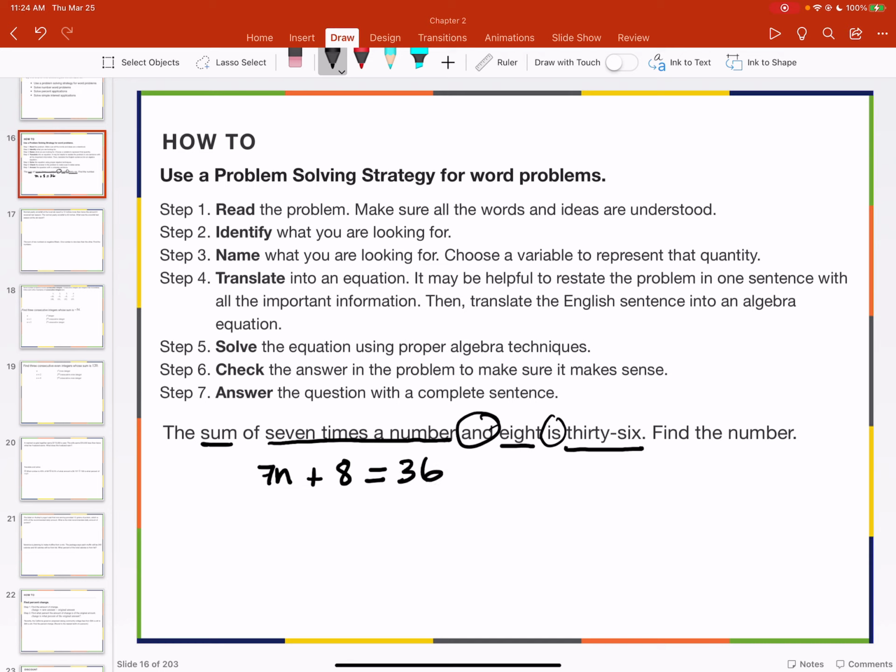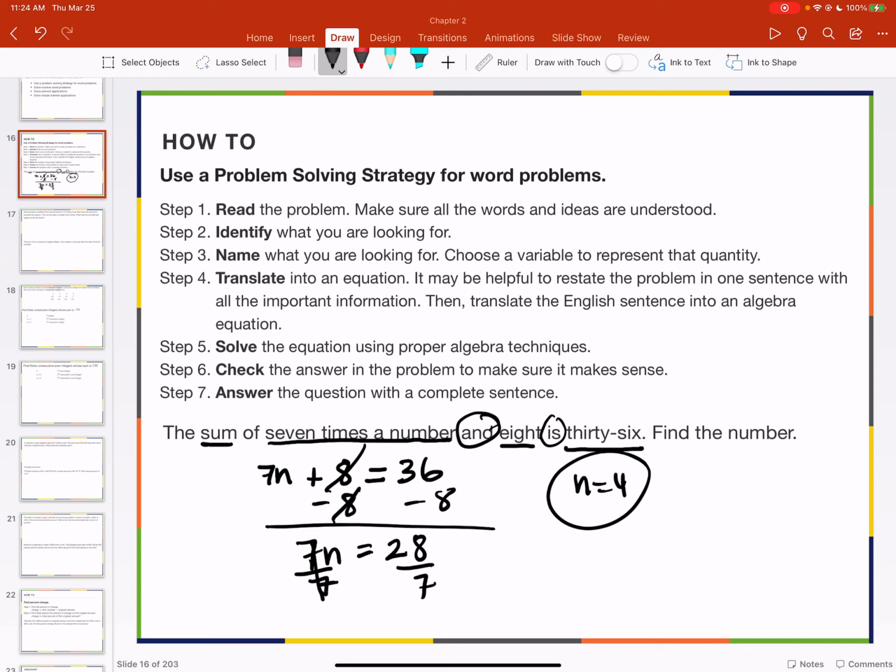So to find the number, we just need to solve this equation here, right? We subtract 8 from both sides, bring down the 7n. 36 minus 8 is what? 28. Divide by 7. And you get that n is equal to 4, and that's it. So the number is 4.